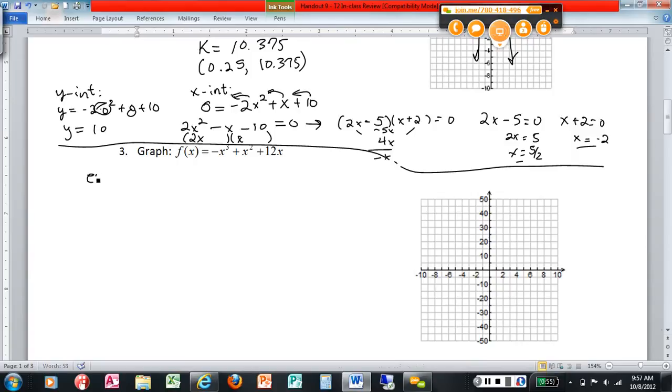What end behavior do we have on a third degree? One of them's up, one of them's down, right? They alternate. One ends up, one ends down. Now, if it's a negative x cubed, which ends up, which ends down? Left end up, right end down.